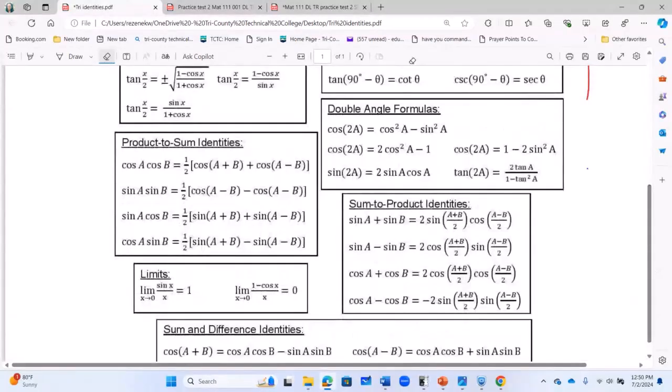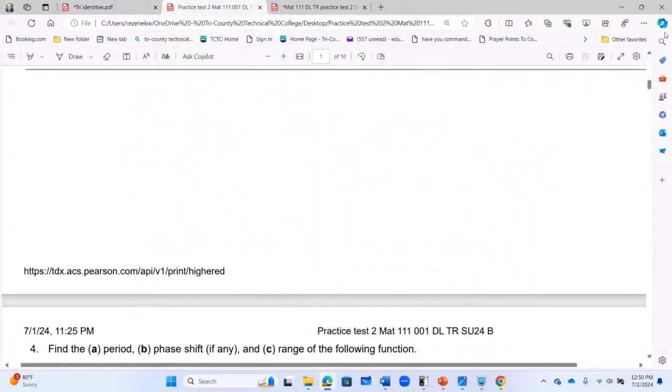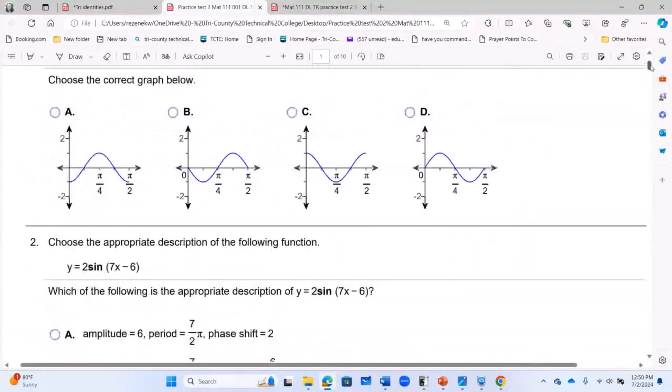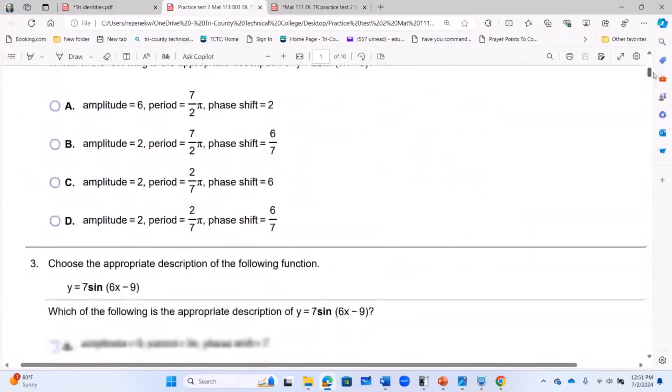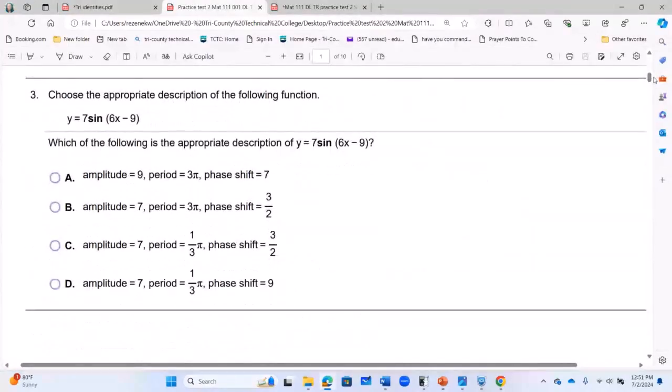Okay, so let's go to the practice test, practice test 2, and see the questions. By the way, they will ask you to define. You already know the formula for a sine function.